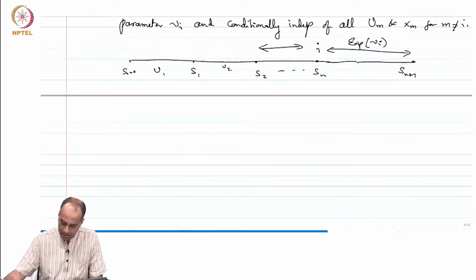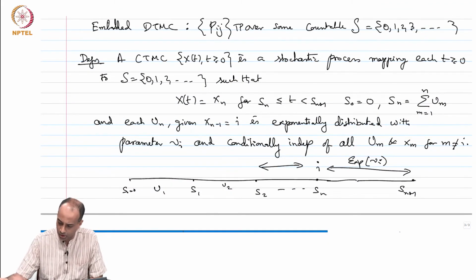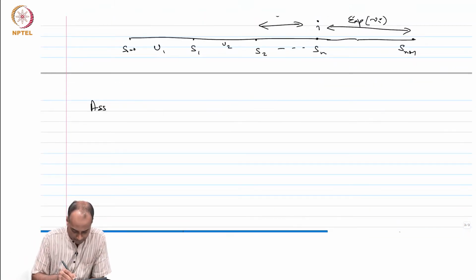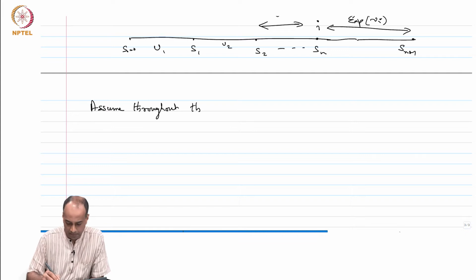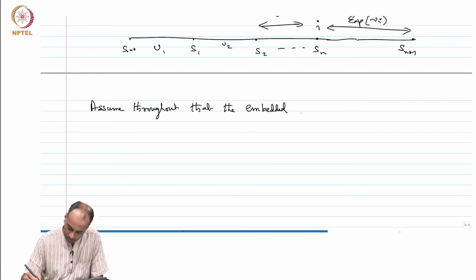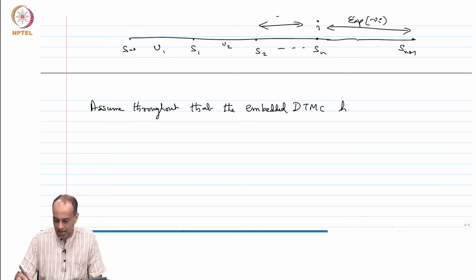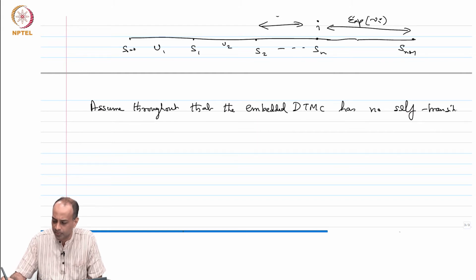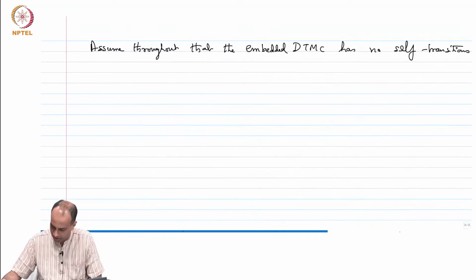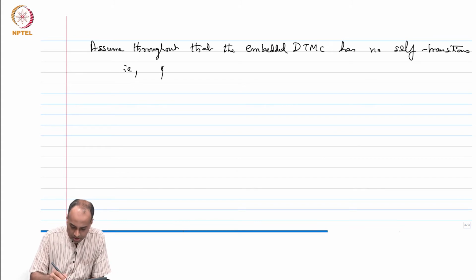Now, for the embedded DTMC, I mentioned that it evolves on the state space S. We are going to assume throughout that the embedded DTMC has no self transitions, that is P_ii equal to 0 for all i.